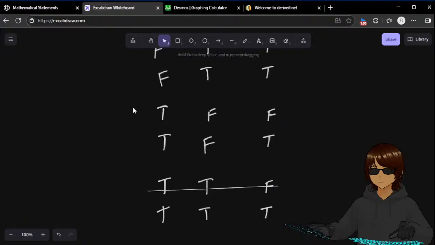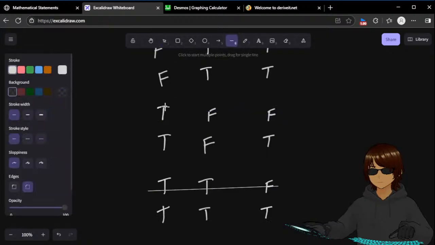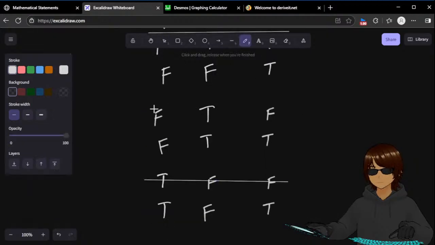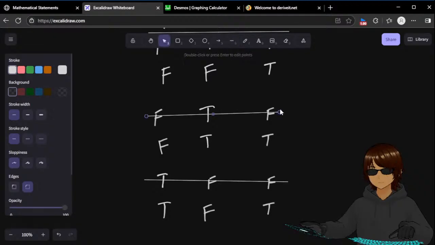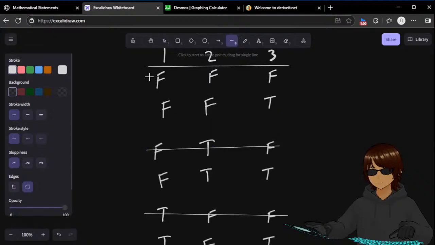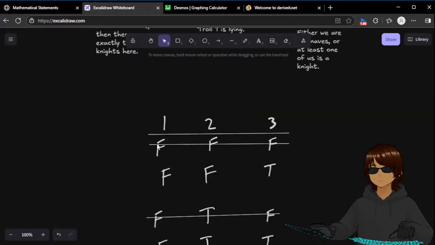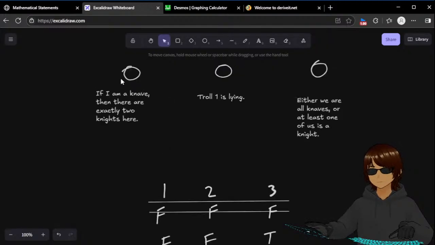Okay. What about this over here? If I am a knave, then there are exactly two knights here. Let's assume that these two are false.